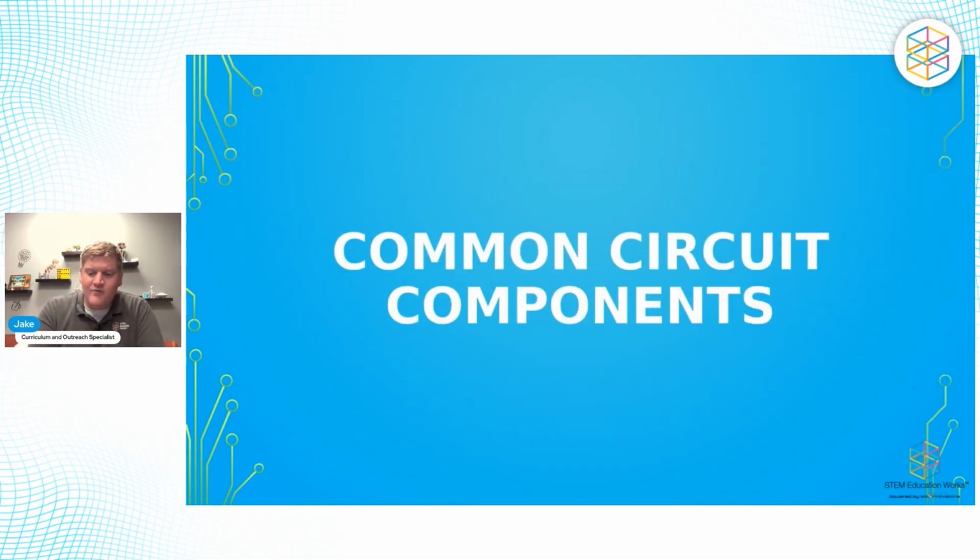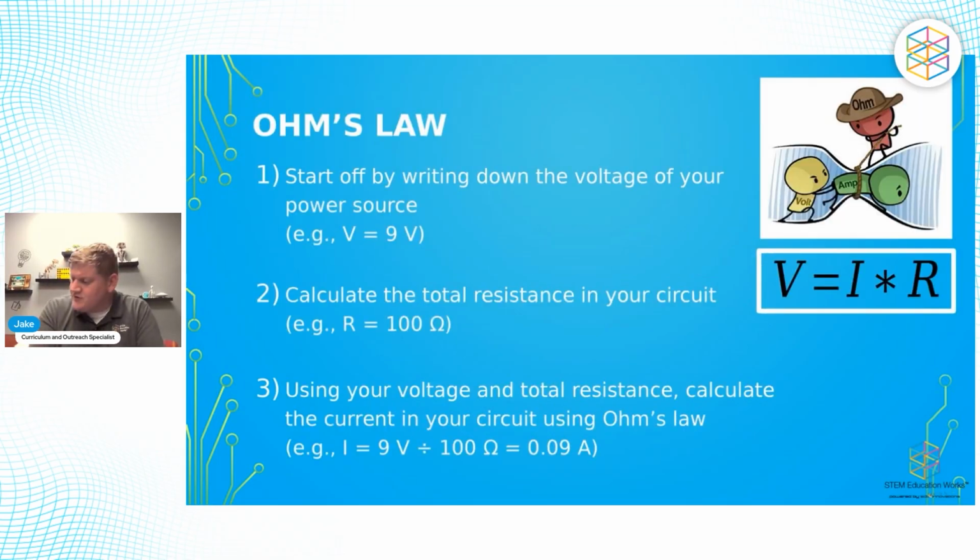So when it comes to going through these examples of Ohm's law, it's always a good idea to do some practice problems. It's important for both you and your students to do some practice, but you can also have your students do this theoretically on paper.